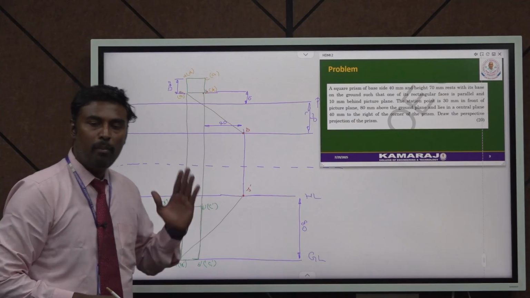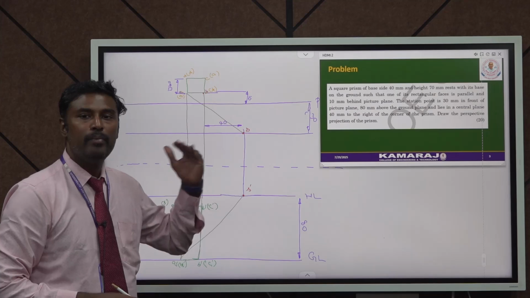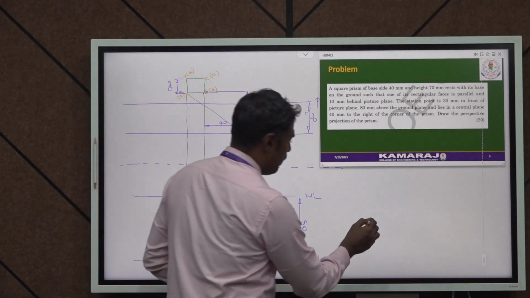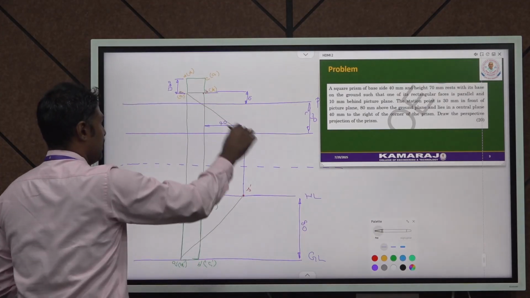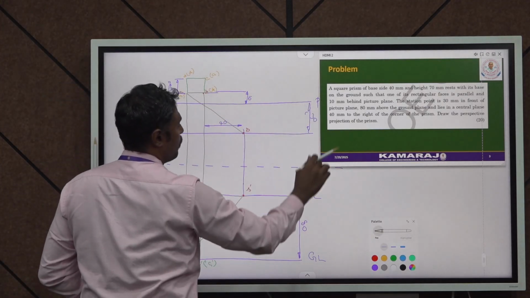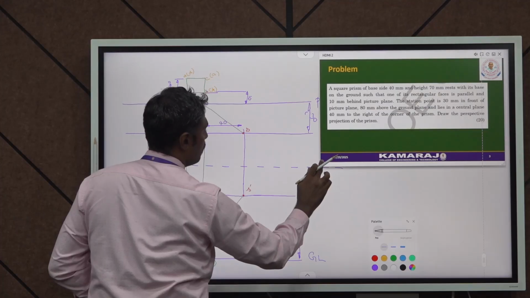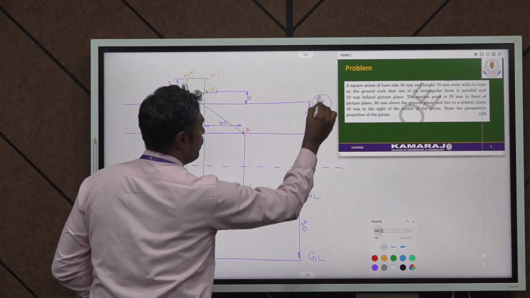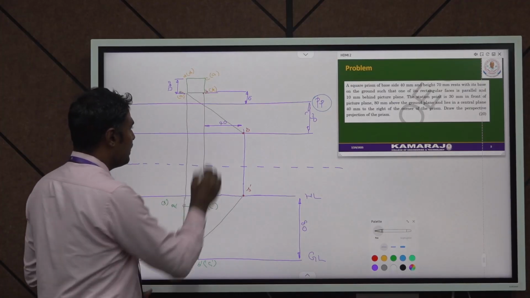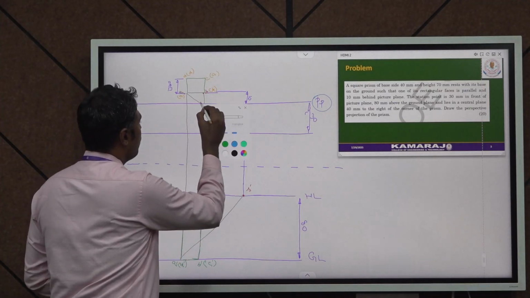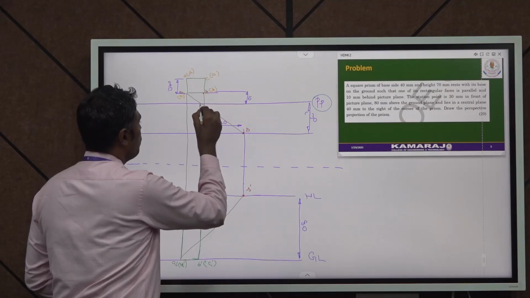Now look at the point of intersection on the picture plane. It is marked in blue color. This projection line is the perspective projection. This is your PP. This projection line must intersect the picture plane at this particular point. So locate this point.